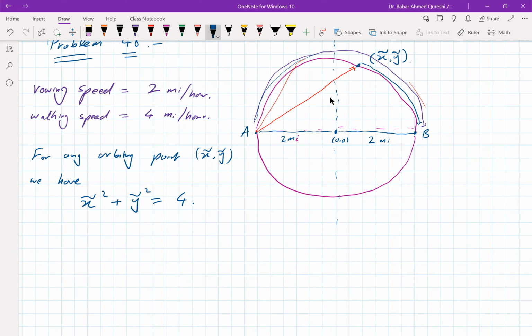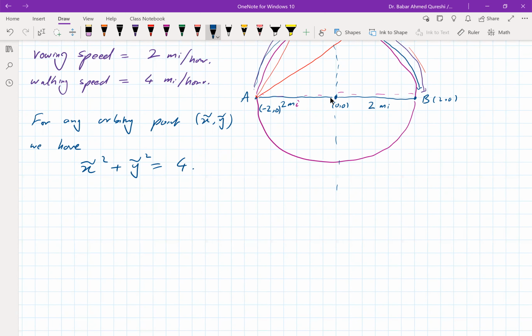Now, what is her starting point? This is -2, 0, because the circle is of radius 2. So if you are on the left-hand side, these coordinates are going to be -2, 0, and these coordinates are 2, 0. So what's the distance for which she rows?